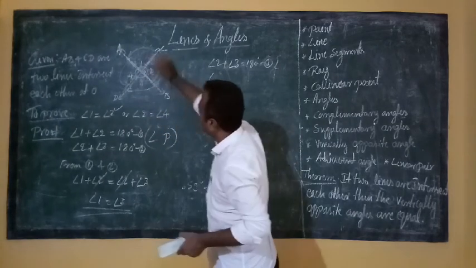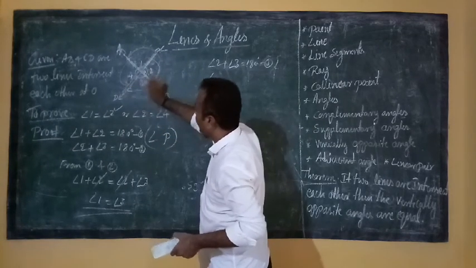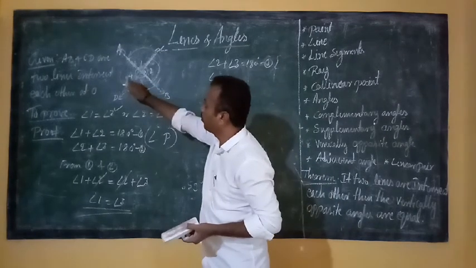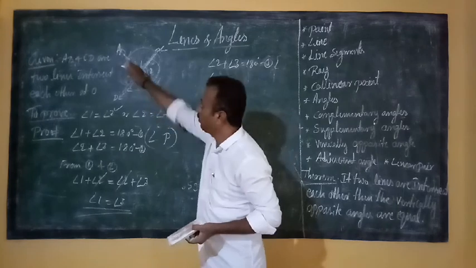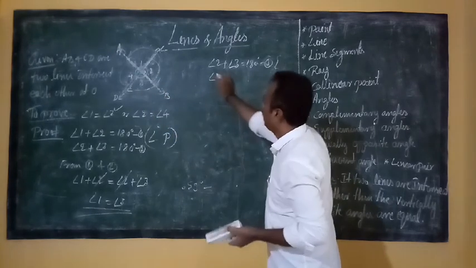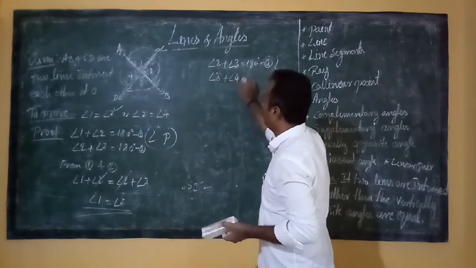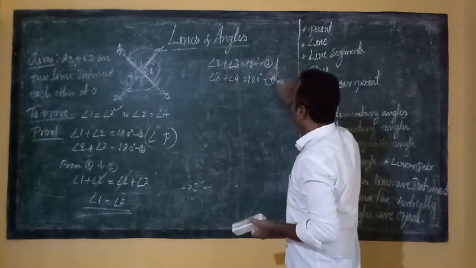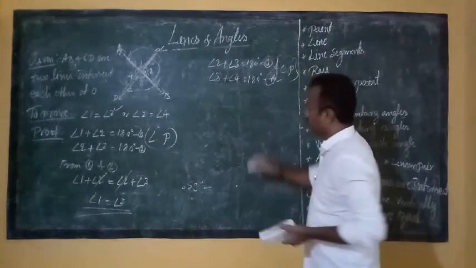CD is a straight line, therefore angle 2 plus angle 3 form a linear pair. Now angle 3 and angle 4 also form a linear pair because AB is a straight line. Correct? Angle 3 plus angle 4 is equal to 180 degrees. Equation number 4.